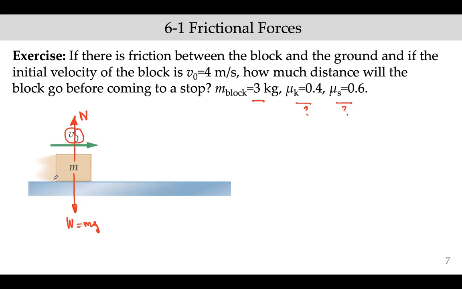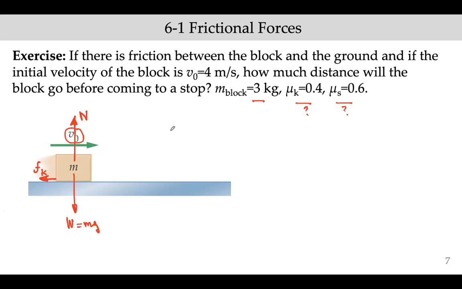So if it's moving to the right, then on the block, there will be some friction force. Now think about it. Is it going to be kinetic friction or static friction? Well, if the block is moving, then it should be kinetic friction. So I'm going to put here K.